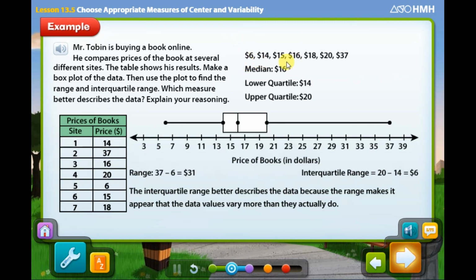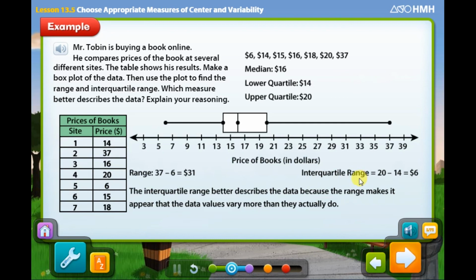That's why 14 and 20 are much more in the center than the other numbers. And the numbers that are more in the center are the best values to describe any set of data. So that's why I choose the interquartile range.